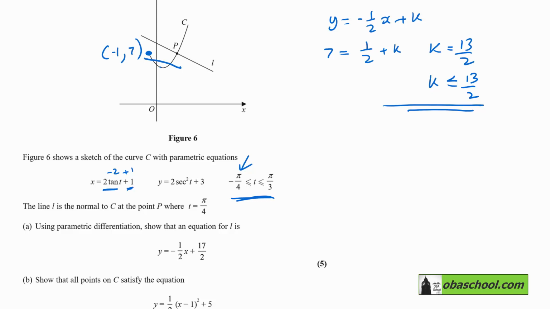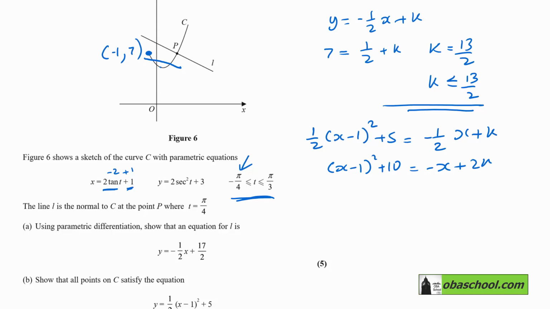The other part of the answer comes from looking at a half x minus 1 squared plus 5 is negative a half x plus k. So that is going to give me x minus 1 squared plus 10, I'm just multiplying through by 2, is negative x plus 2k. Expanding out, x squared minus 2x plus 1 plus that 10 is 11 is negative x plus 2k. So x squared minus x plus 11 minus 2k is equal to 0.